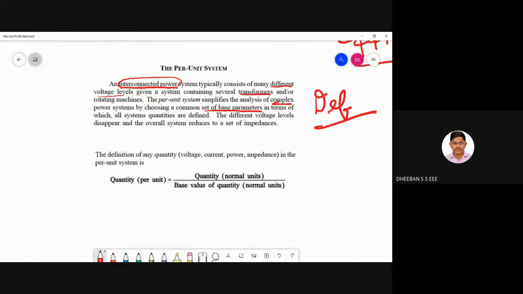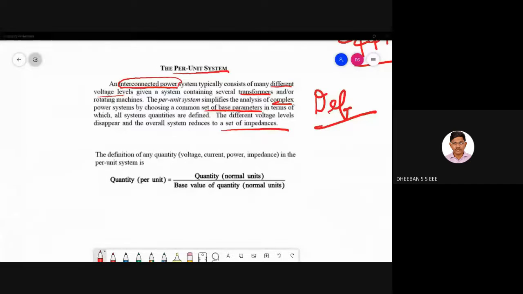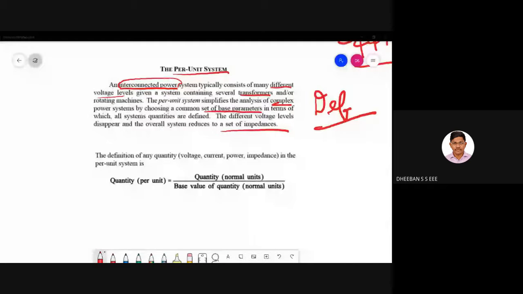I'll be telling you what those criteria are. The different voltage levels disappear, and the overall system reduces to a set of impedances based upon the per unit system. If we are using a per unit system, the main important advantage is that the complexity of the power system network reduces drastically.